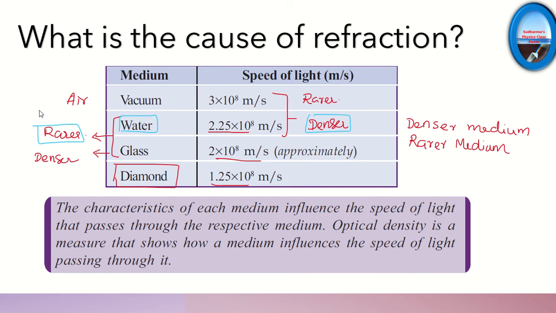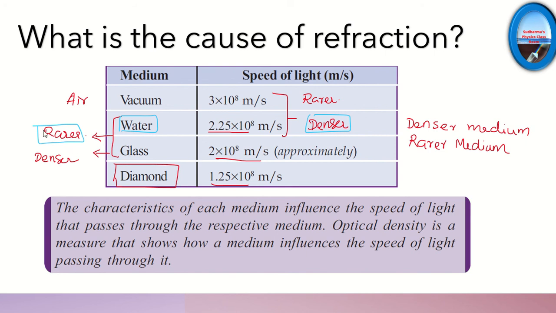It's like how we choose friends. Our enjoyment, our comfort level depends on the pair we are choosing, or the friend circle we are choosing. Similarly here, whether it is a rarer medium or denser medium depends on with whom it is paired. So when water is with vacuum or air, water is denser. When water is with glass, then water is rarer.